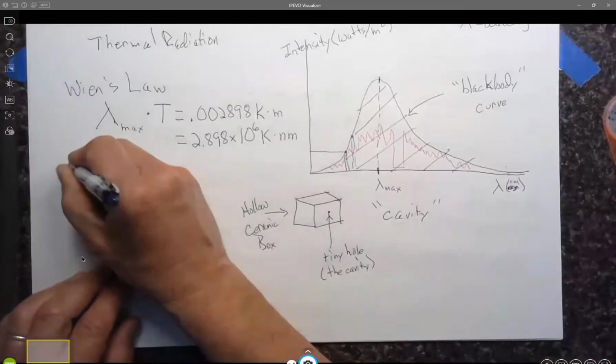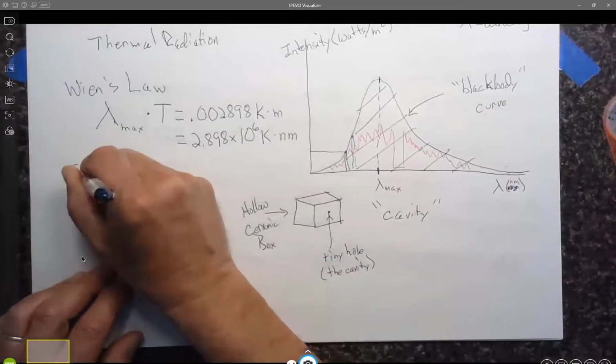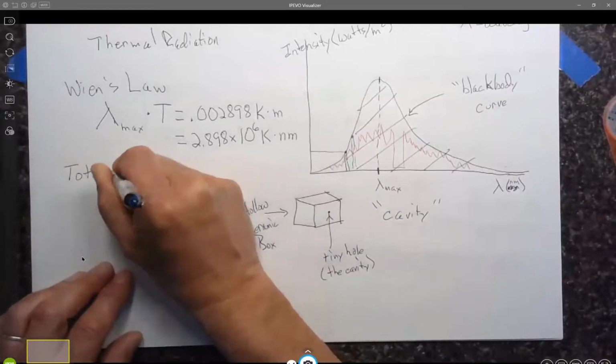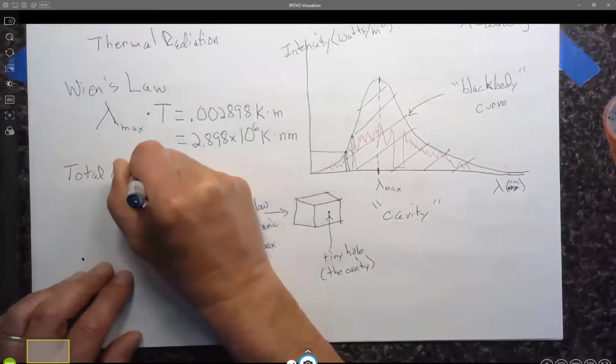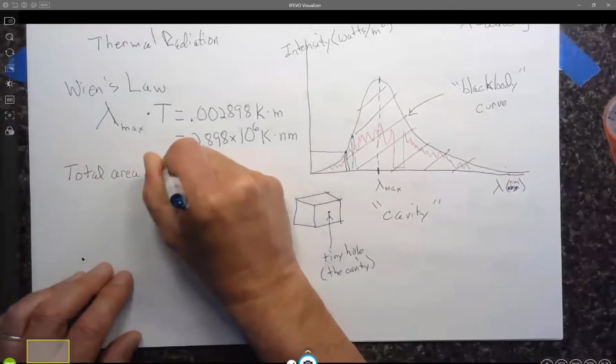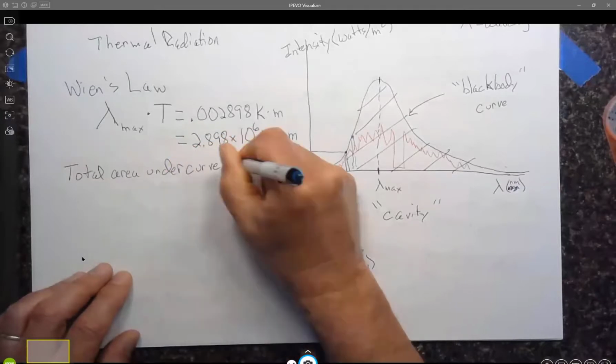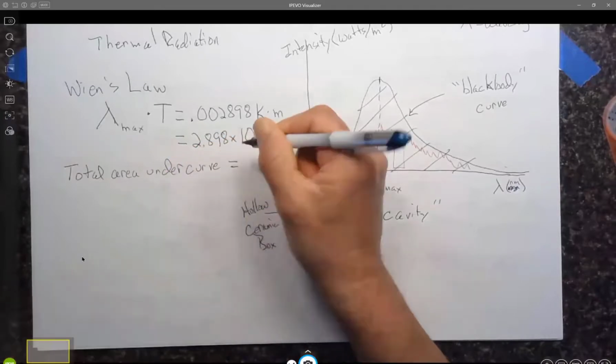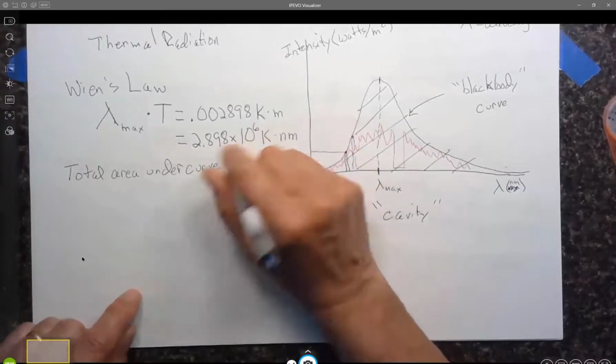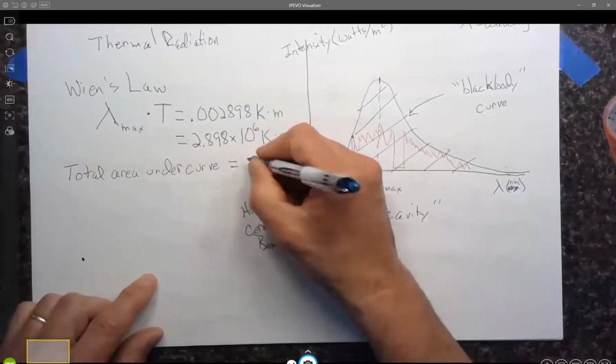And it's this: the total area under the curve ends up equaling the total radiation, and this is over all wavelengths.